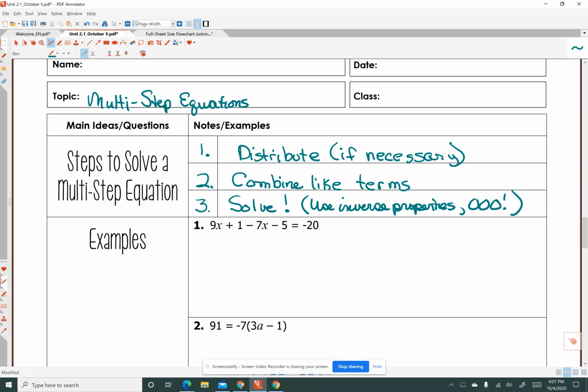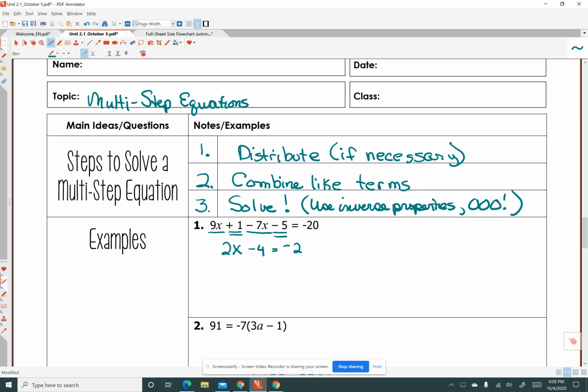So what I see is 9x plus 1 minus 7x minus 5 equals negative 20. We've got some terms that we can combine here. Let's start with our variable terms. 9x minus 7x is 2x. And then we have our plus 1 minus 5, which will be minus 4, or negative 4, equals negative 20.